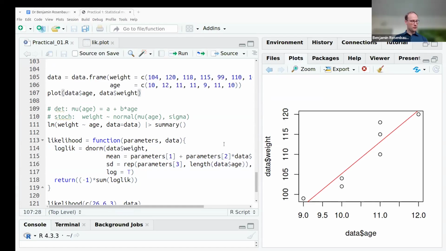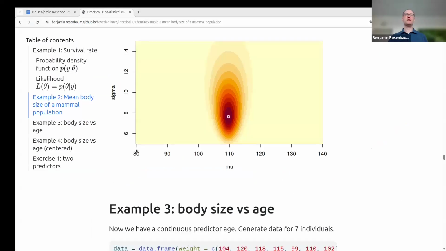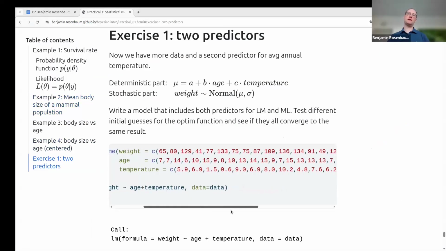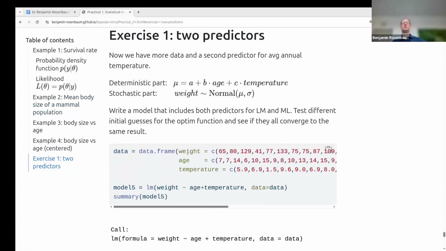And if you want to, you could try this again with, for instance, a new data set where we have a third predictor, right? So you measure, we have different populations at maybe different locations, and locations have different temperatures.